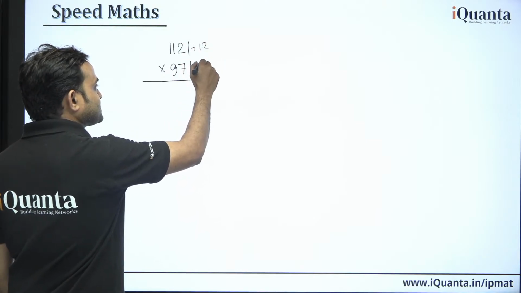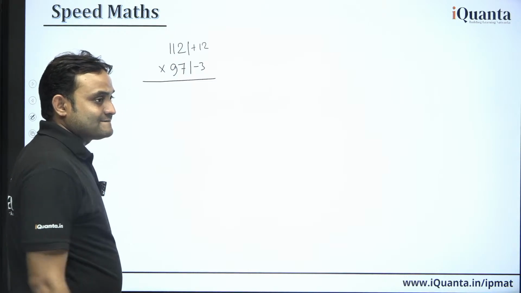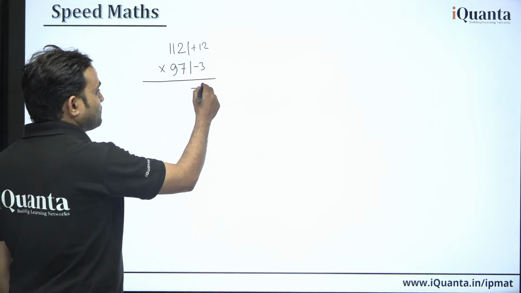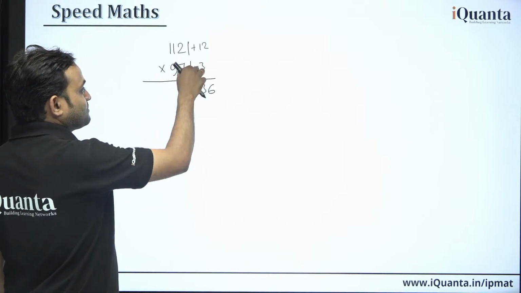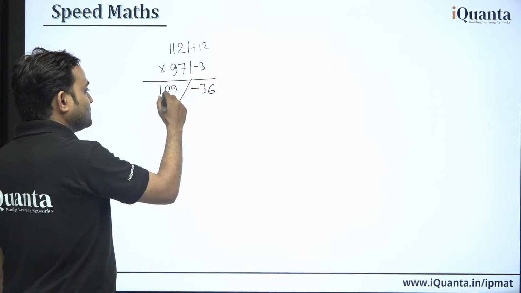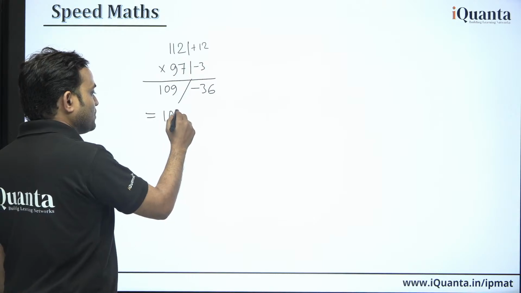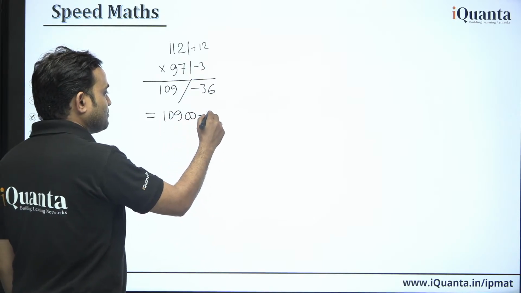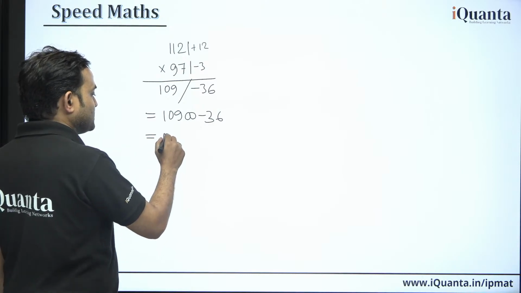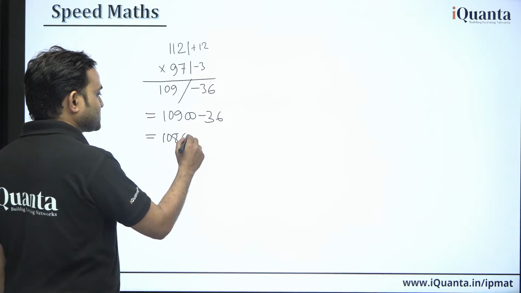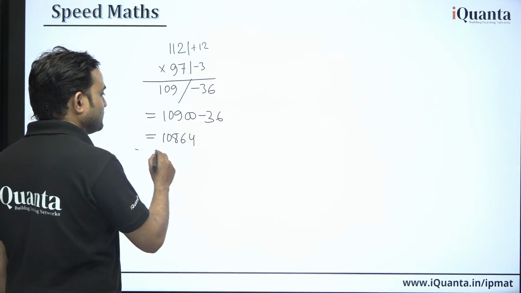In this case, the surplus is minus 3. So, the product of surplus will be negative, minus 36. Then 100 plus 12 minus 3 is 109. So, this will be equal to 10900 minus 36, which is equal to 10864. This will be your calculation.